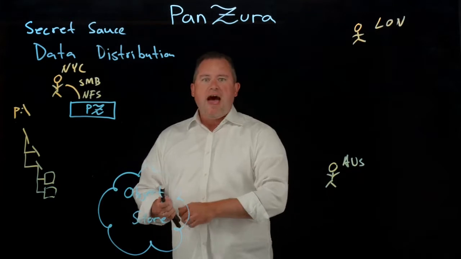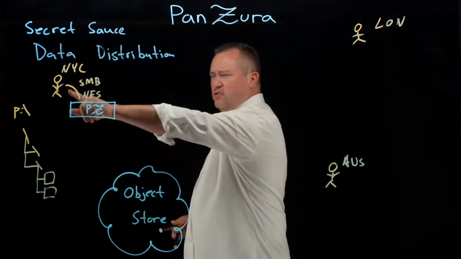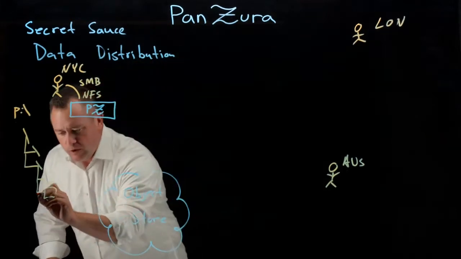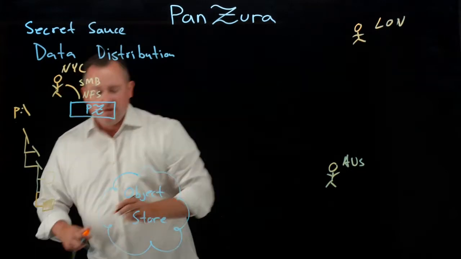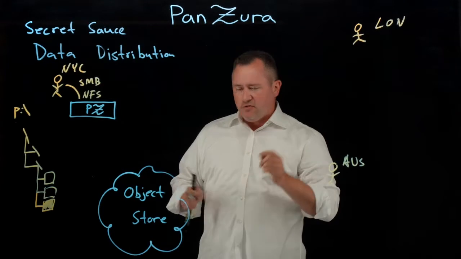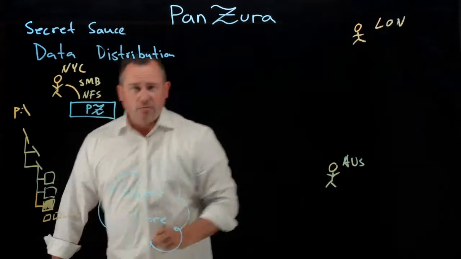So let's look at what happens for a second when a user creates a new file. Let's assume this user here in New York wants to create a new file. Well, what they're going to do is create this file in the file system. Now, Panzura is going to do a couple of things. The first thing we're going to do is break that file up into blocks.